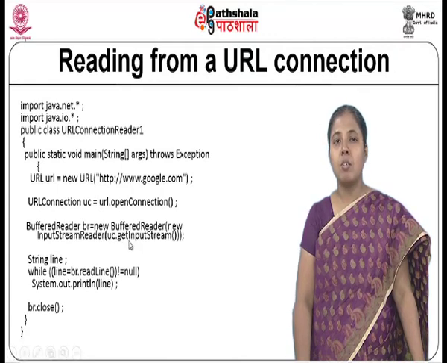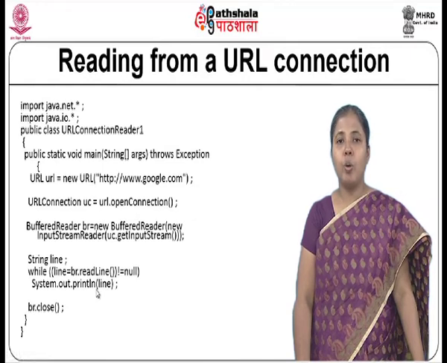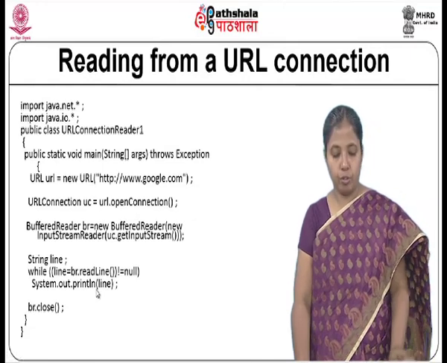Now, nest this input stream with the input stream reader and with the buffered reader, get an object called BR. Now, use the BR in a while loop to read the lines of strings and print them on the screen. So, we use BR dot read line to read the information line by line and print it on the screen. So, this is an example to explain how we read from a URL connection.